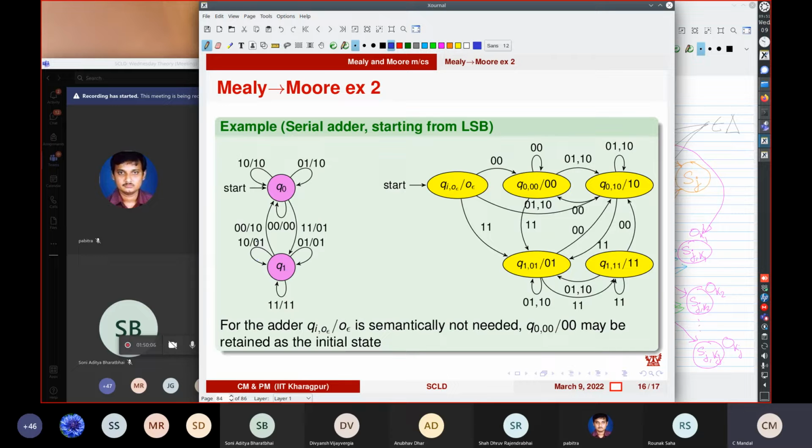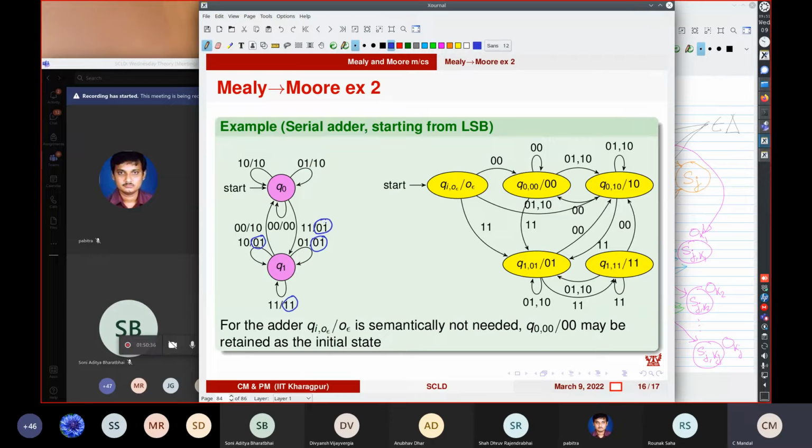All the arrows that are pointing in, and let us see what outputs we have for the incoming transitions. This is an output for this incoming transition. This is also an output. This is the incoming transition.